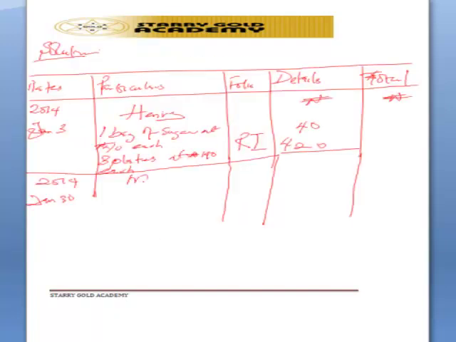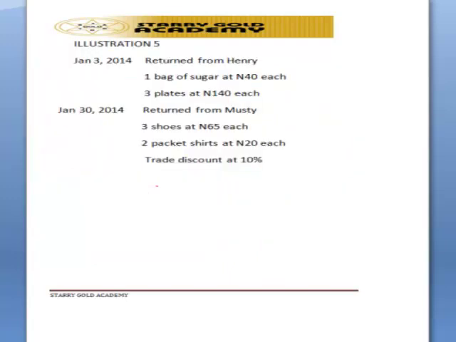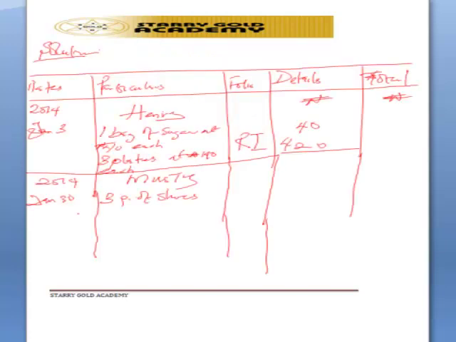So the customer Musti, what was returned from him? 3 pairs of shoes at 65 naira each. That will give us 3 times 65, and that is 195.